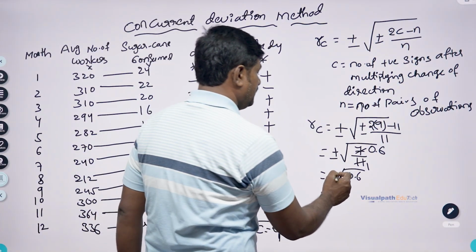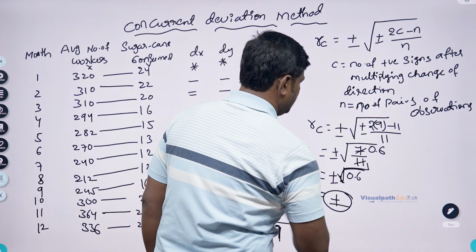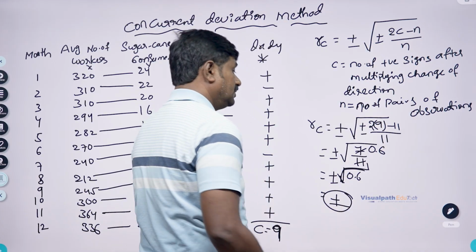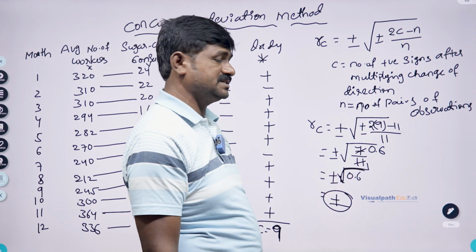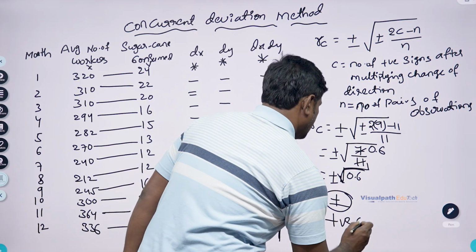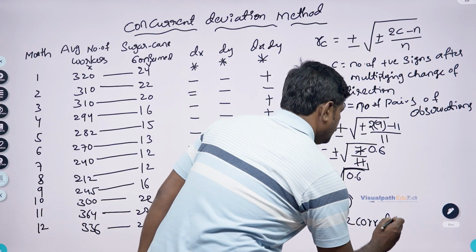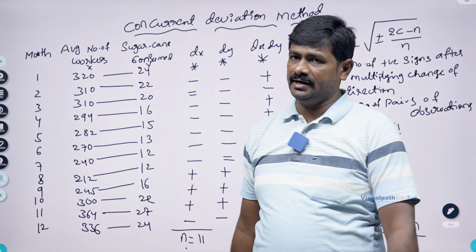To simplify this root value, we will get an approximately positive value, because inside the root we have a positive number, so the result is positive. So there is a positive correlation between these variables. Okay, this is one more example for the concurrent deviation method.